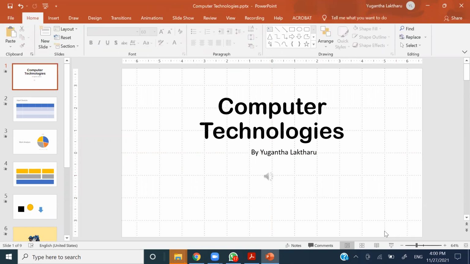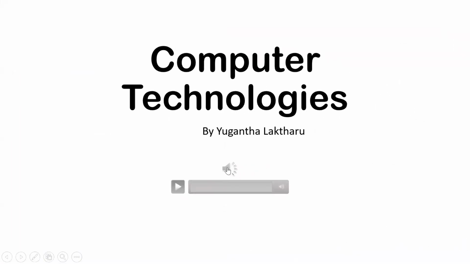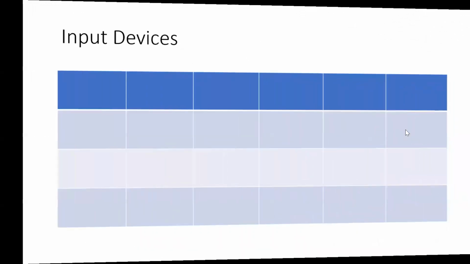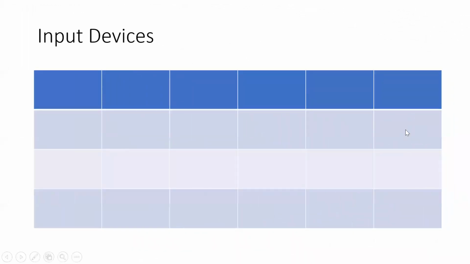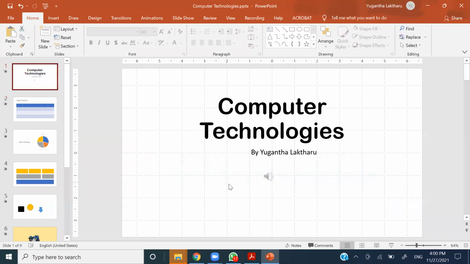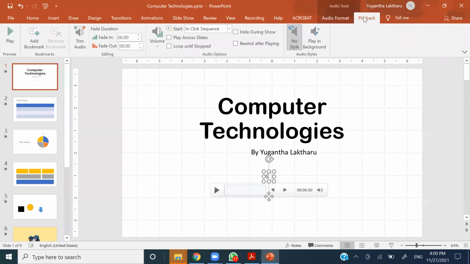Right, so I can place my sound. Here's my sound. So if I play it like this, you will see the sound file over here. Once I click on it, it will start playing. Right, and if I go to the next slide, it stops automatically. Right, and if I edit my sound, going to the playback and saying play across slides, then it's going to play for me.